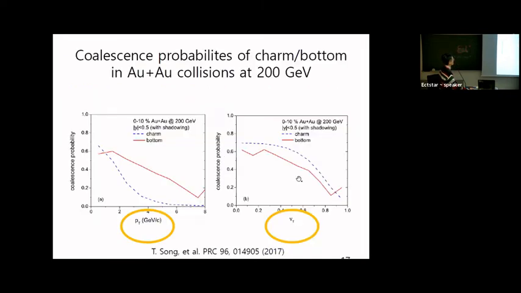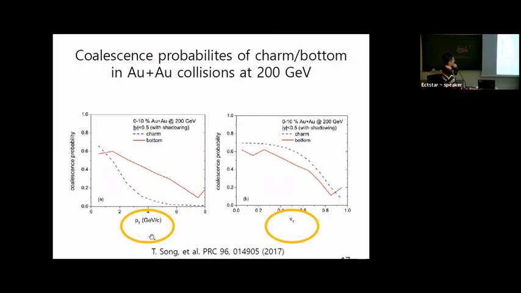And this is the coalescence probabilities of charm and bottom in gold-gold collisions at 200 GeV. The blue line is charm coalescence probability, and the red line is bottom coalescence probability, as a function of transverse momentum. And you can see bottom coalescence probability decreases slowly compared to charm quark.